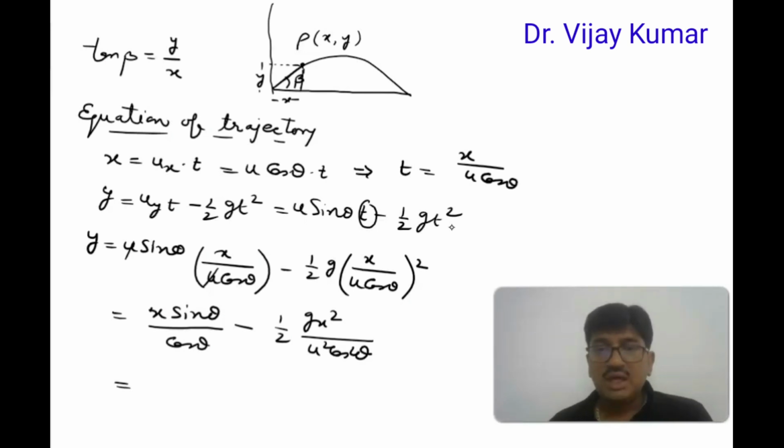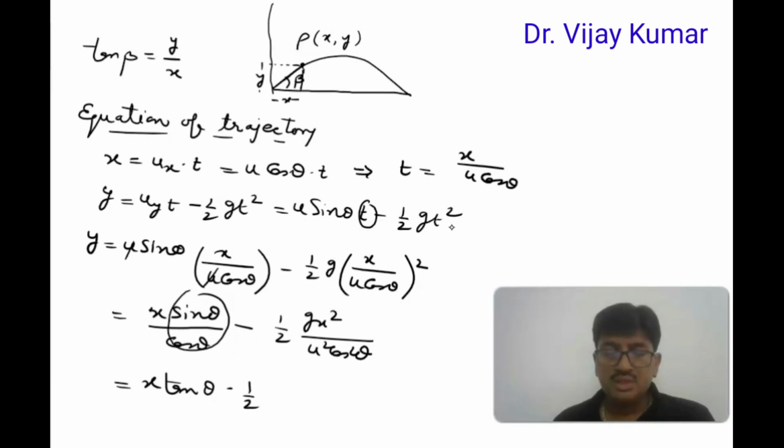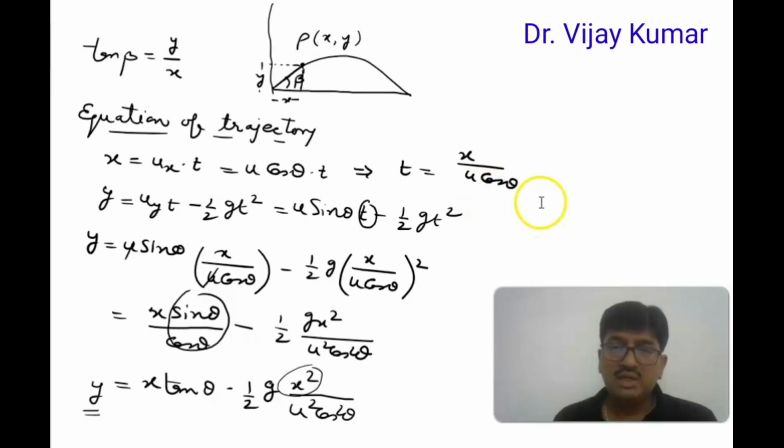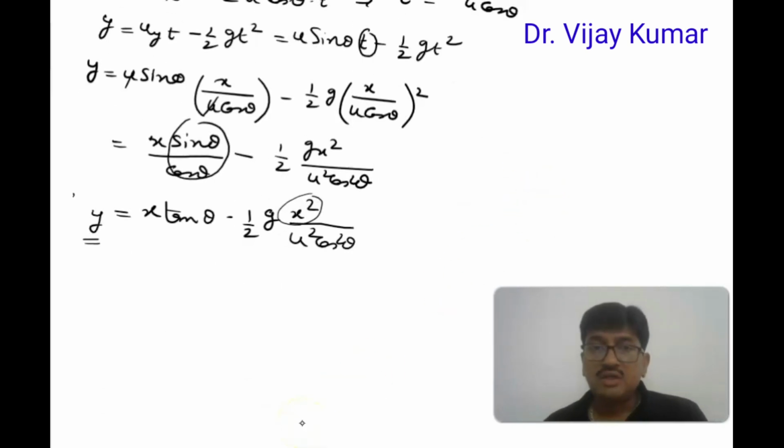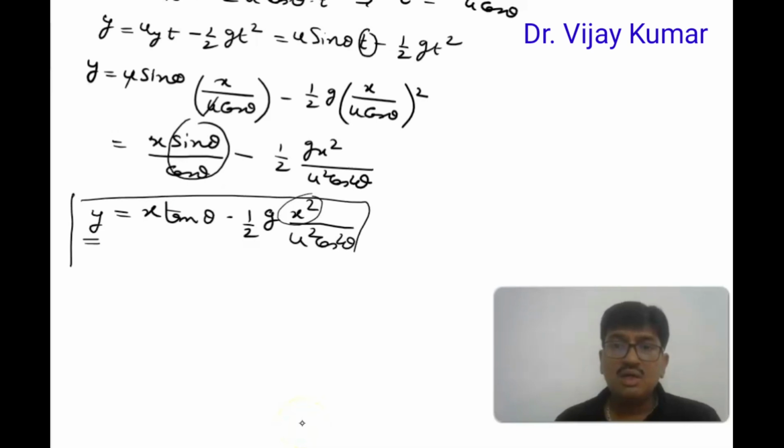Or we can write x sin theta upon cos theta as x tan theta, minus half gx square upon u square cos square theta. This is y. Here y is to the power 1 and x is to the power 2. This term represents that this equation is an equation of a parabola.